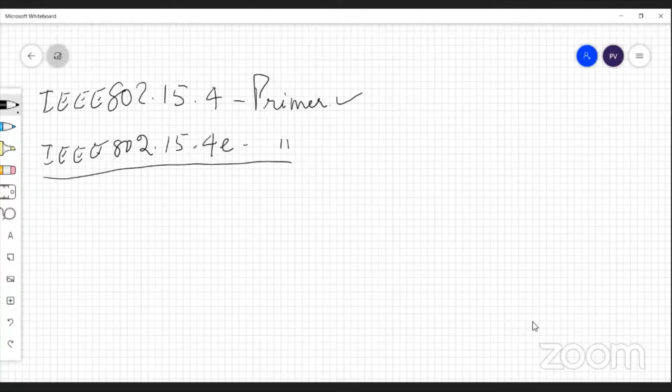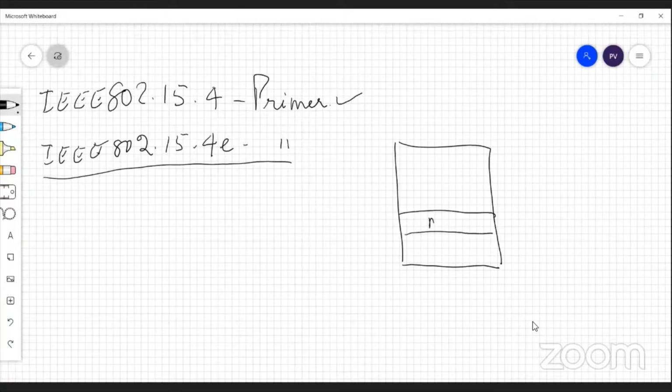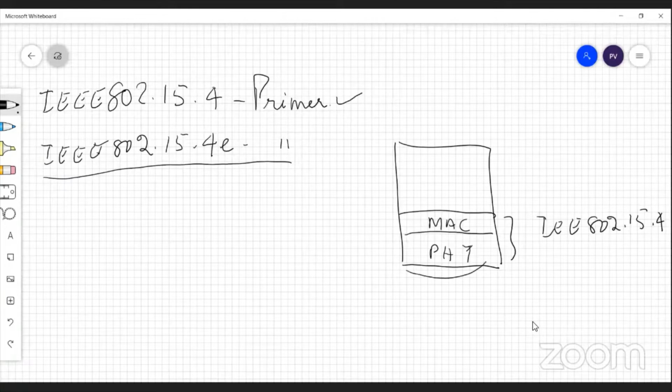So what I was trying to say is that the whole thing actually operates from the MAC layer on down below. This is the MAC. This is the PHY layer, and the PHY layer and the MAC layer together are defined in IEEE 802.15.4. Okay, the extension 802.15.4e, which I mentioned, does not change anything at the PHY layer at all. It remains intact.